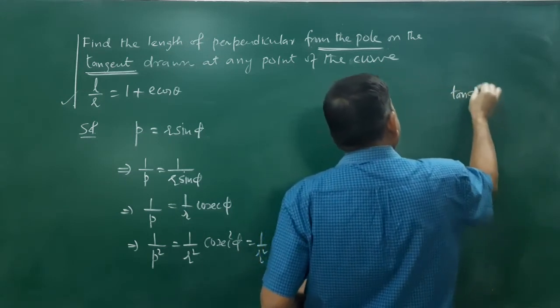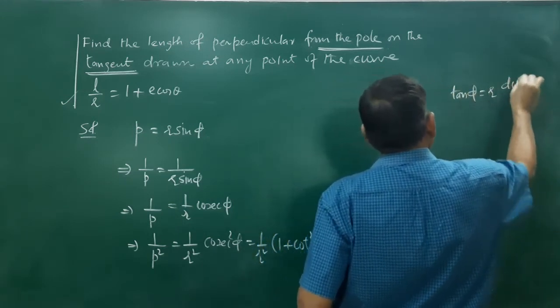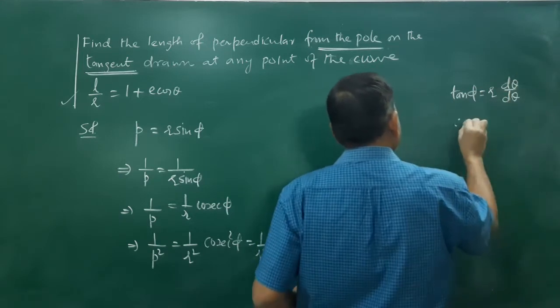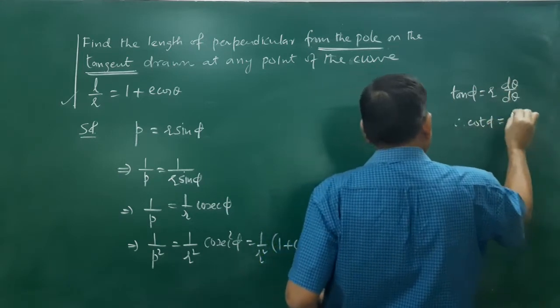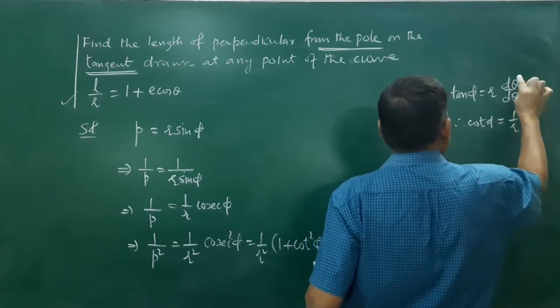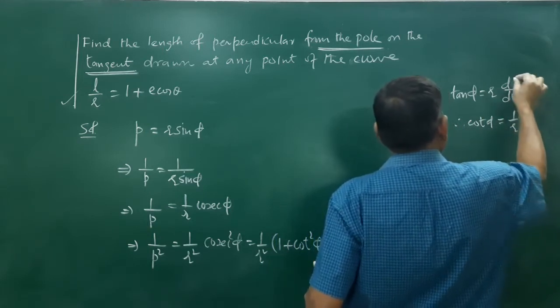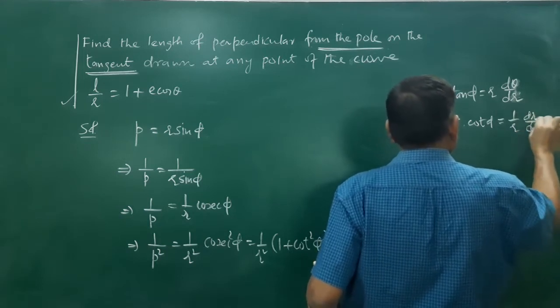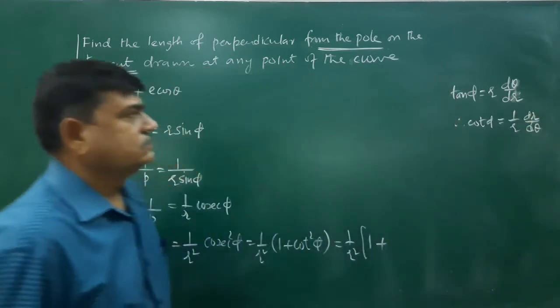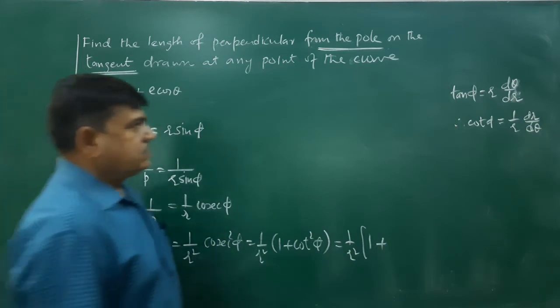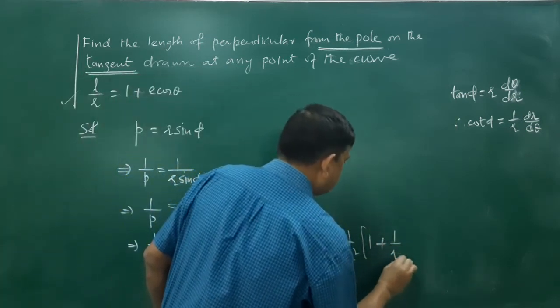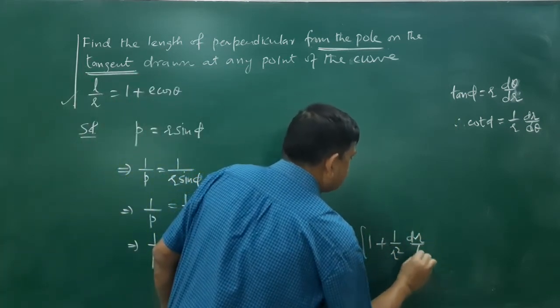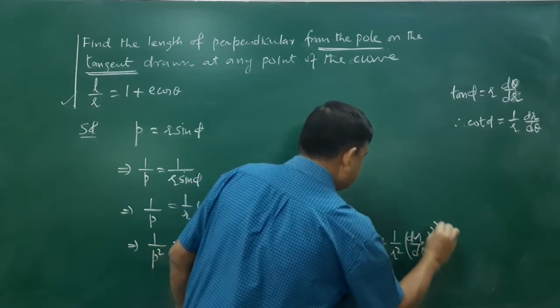What is tan phi? r d theta by dr. Therefore, cot phi is 1 upon r dr by d theta. Okay, so it is 1 upon r square plus 1 upon r square (dr by d theta) whole square.